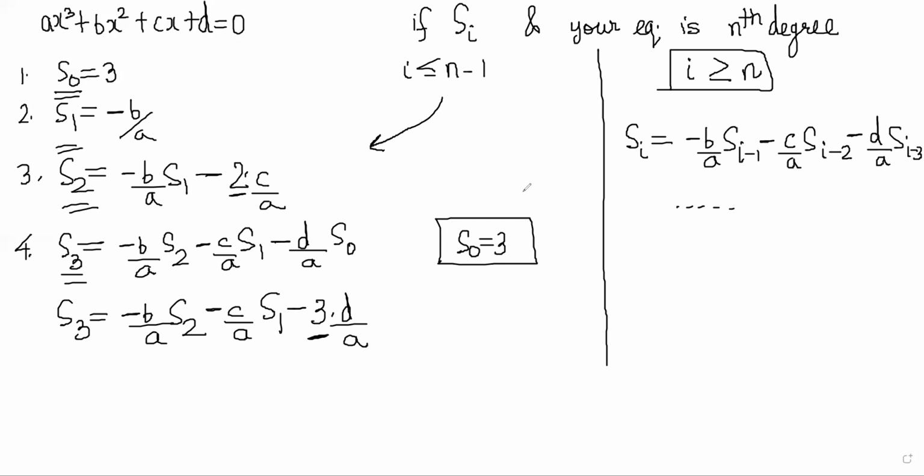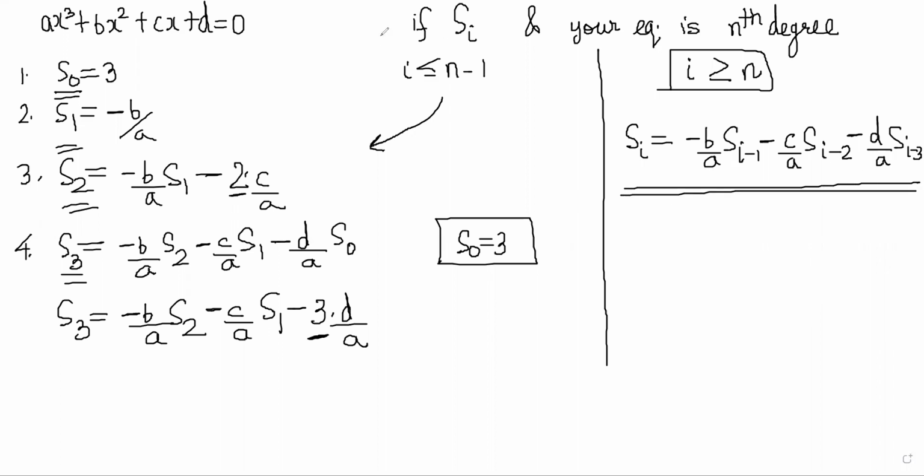I will show you this with an example actually. That will be better. Just hold on for a second. This is correct actually. This is the expression for Si here, minus d by a Si minus 3.